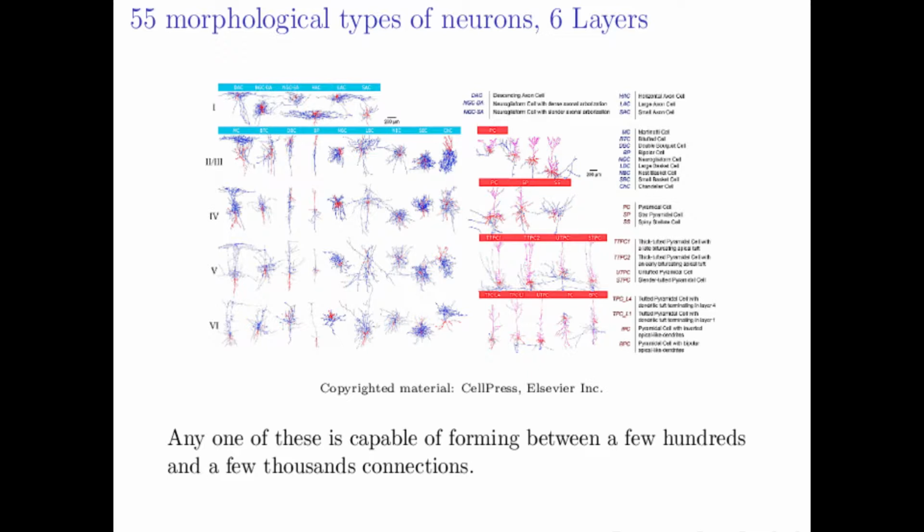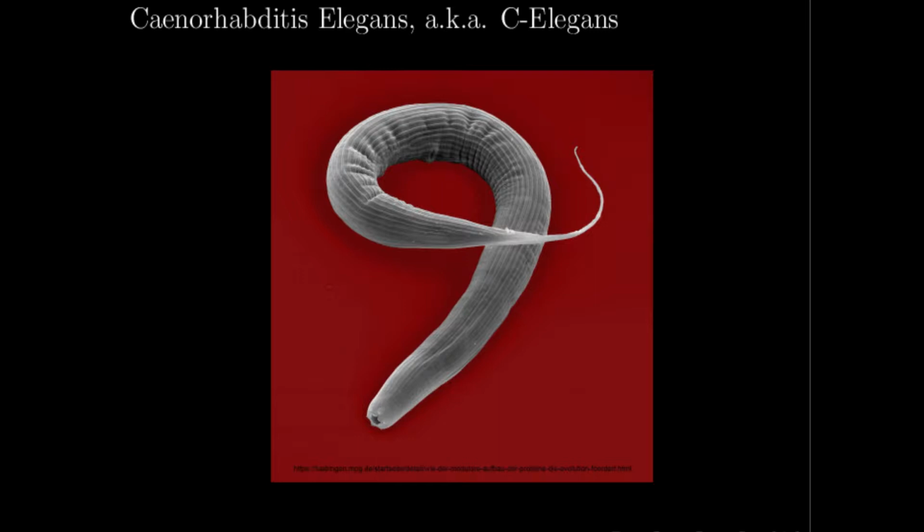One case like that is the case of the worm known as C. elegans. This worm is 0.5 millimeter in real size. This is an electron microscope image of it.